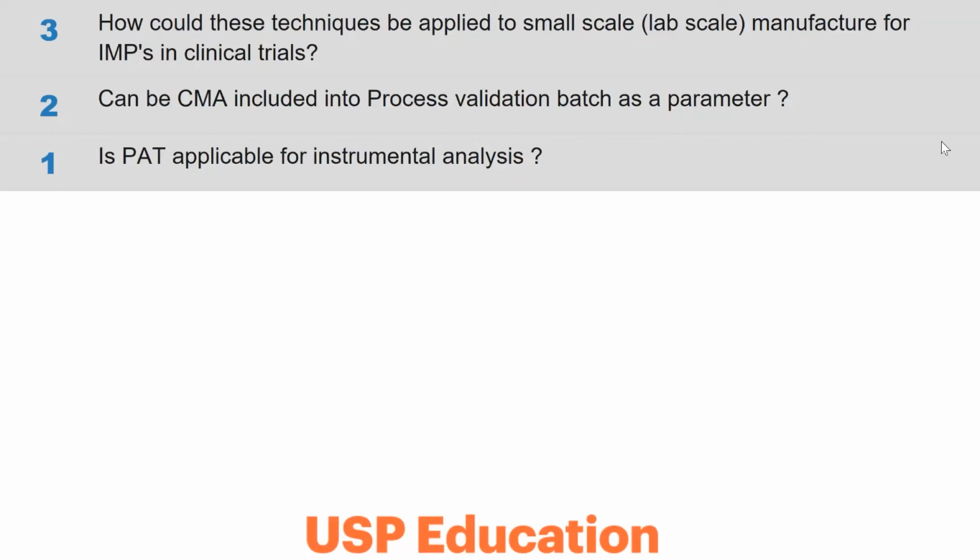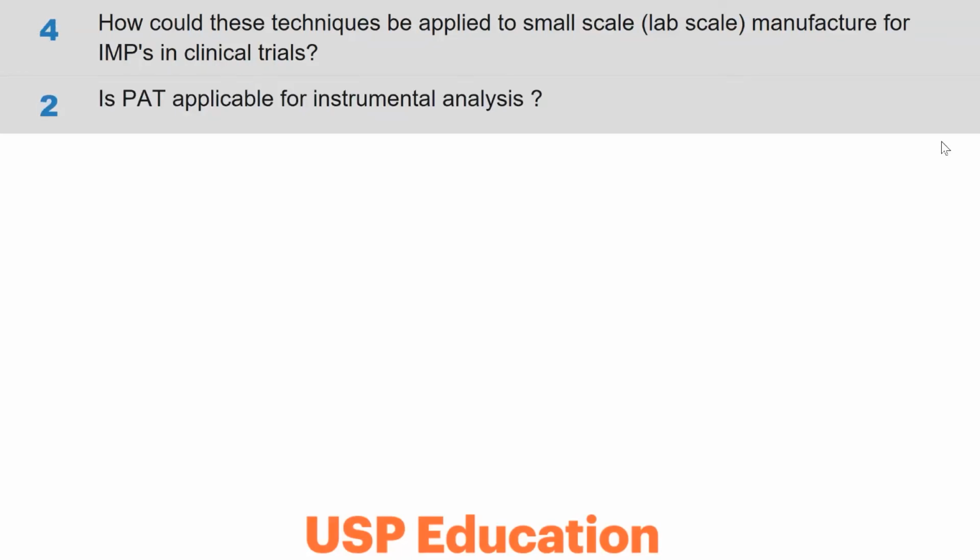Because as it turns out, critical material attributes can vary wildly, even from the same supplier, from batch to batch. So it's important to include that and to think about that when it is appropriate.